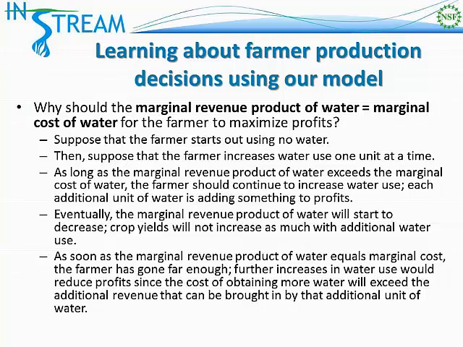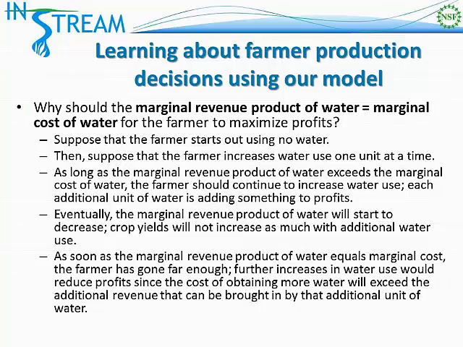So if the additional revenue that the farmer is getting by using an additional unit of water is greater than the amount of money that he's paying to use that unit of water, then that additional unit of water is adding something to profits, right? So he should use that unit of water, and he should keep on using more water.